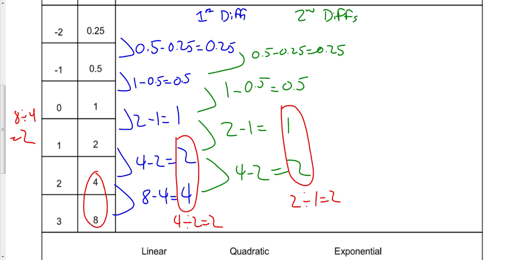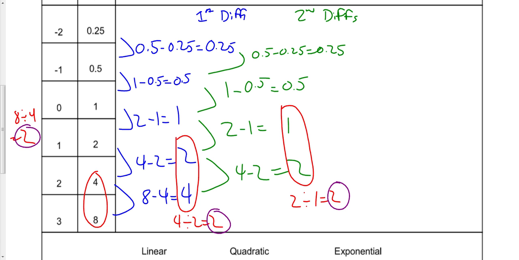Okay, so when I divide, no matter whether it's in my original table of values, in my first differences, or in my second differences, I actually have a constant ratio between all of the y values, and that ratio is 2. So they can be either all multiplied by 2 or divided by 2.